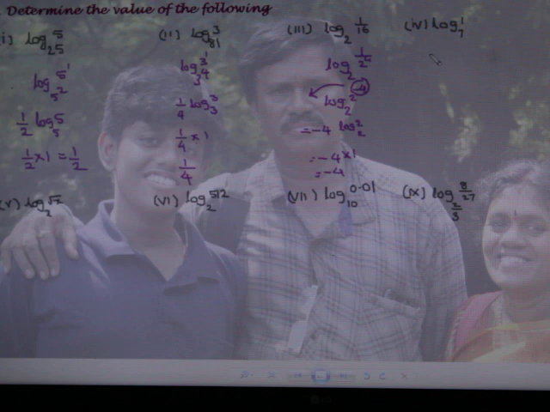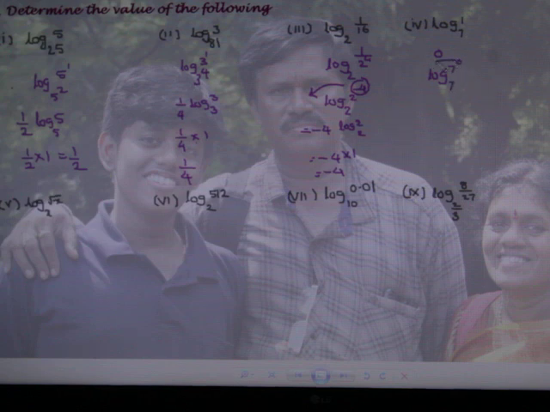Log 1 to any base. You know log 1 to any base is 0. You can do it another way. What is 1? 7 power 0. Anything power 0 is 1. Therefore, 7 power 0 is 1, base 7.